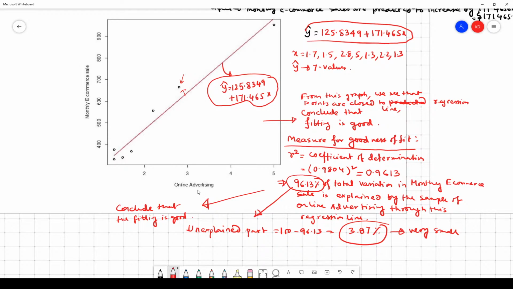So using the value of online advertising, we can predict monthly e-commerce sales using this regression, and we get almost close prediction.